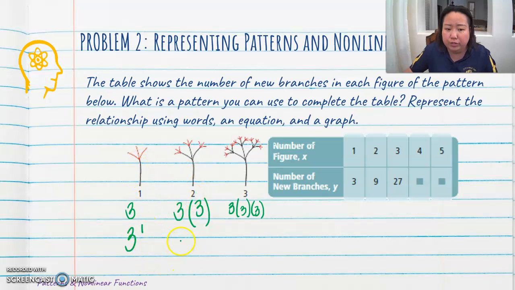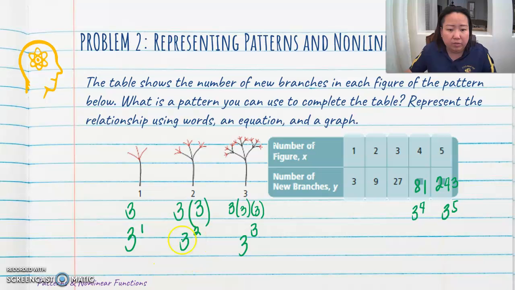So this is 3 to the first power, 3 to the second power, this is 3 to the third power, which means when we head to 4, this value here is simply 3 to the fourth power, and that will be 3 times 3 times 3 times 3, which is 81. And getting 3 to the fifth power, that is going to be 81 times 3, which is 243.